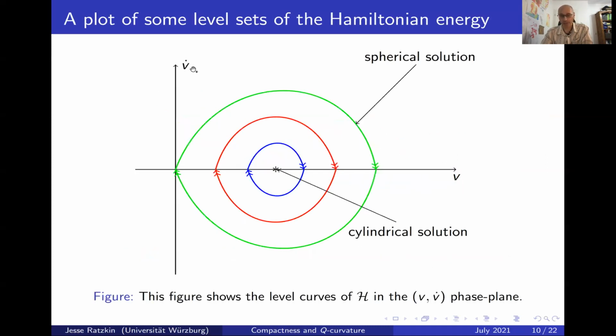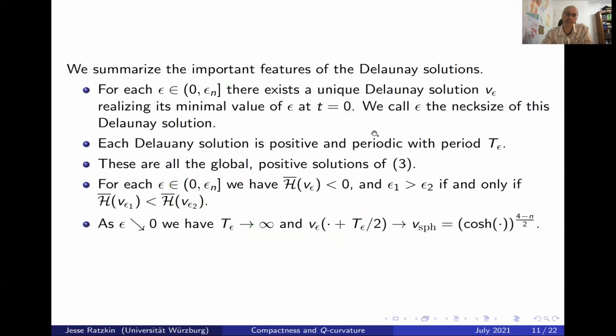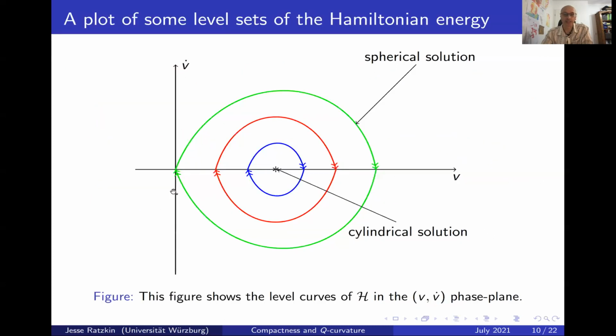Here we have a plot of some of the level curves of the Hamiltonian energy in the V, V-dot phase plane. We see that this green curve corresponds to the spherical solution, and this stationary point, you should think of as the bottom of an energy well, and this corresponds to the cylindrical solution.